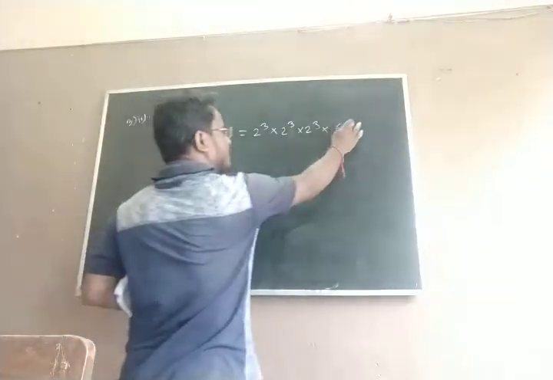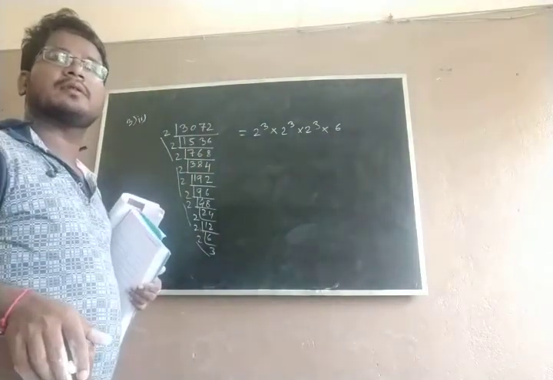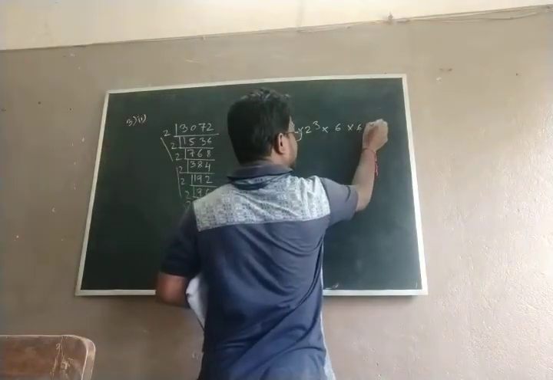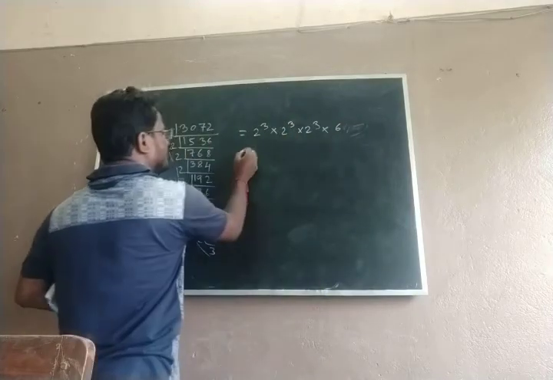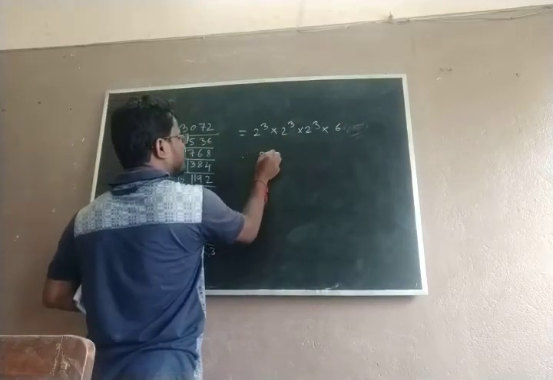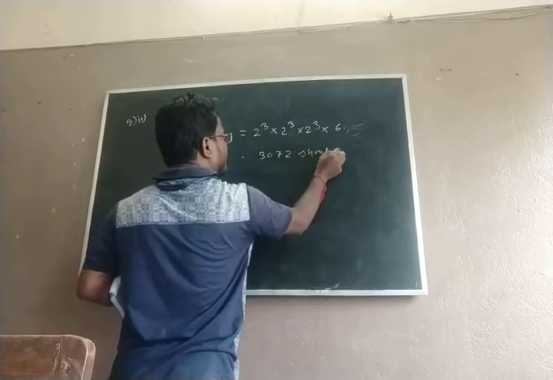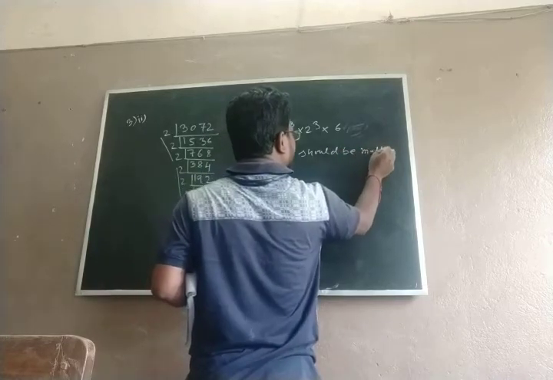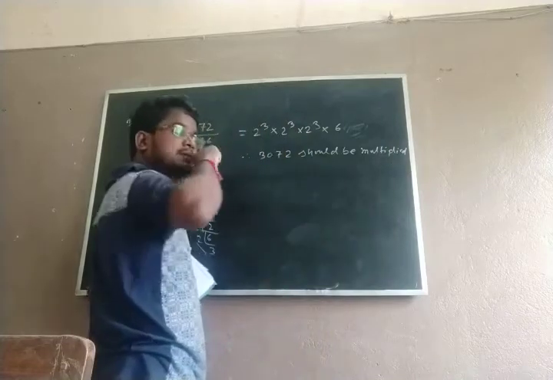Now you have to multiply another 2 into 6. Then it will be a cube. If you multiply by 6 into 6, then it will be a cube. Therefore 3072 should be multiplied by 6 into 6, which means 36.